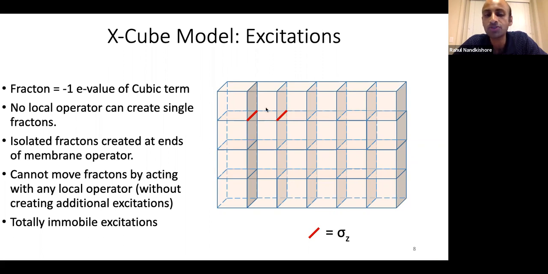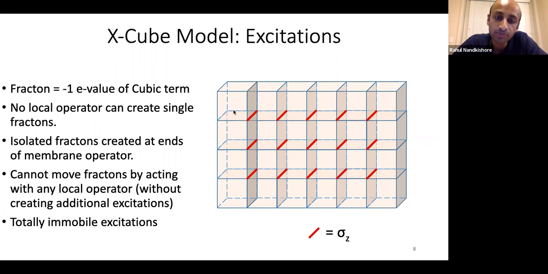If we act with 2 Z's, then I have 1 anti-commutation here and here, 1 anti-commutation here and here. And these 2 cubes have had 2 anti-commutations, so those will be happy again. And in general, if I act with a membrane of Z operators, then everywhere in the interior or along the edges, I will have had an even number of anti-commutations. So I'm back to the ground state.